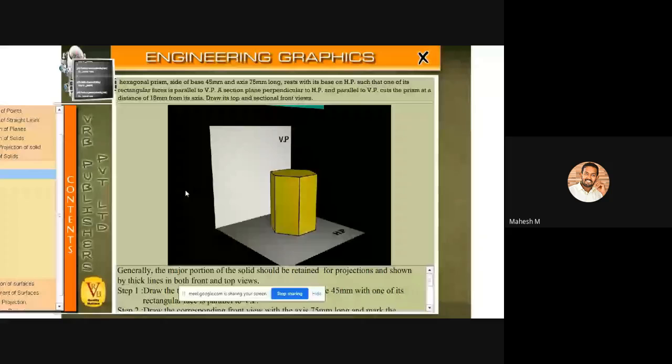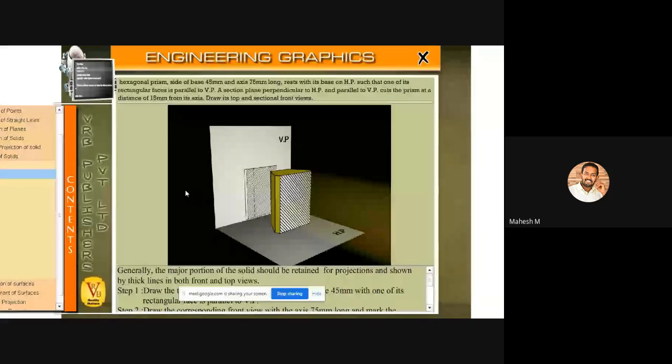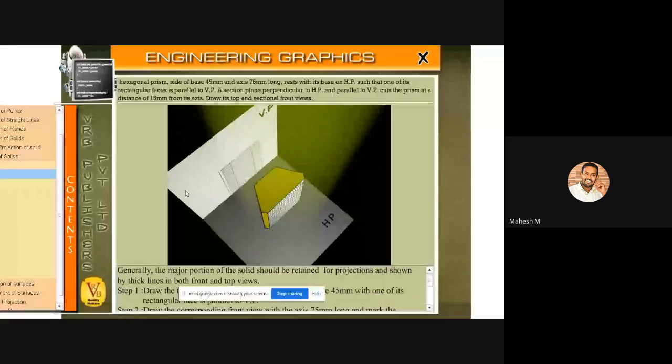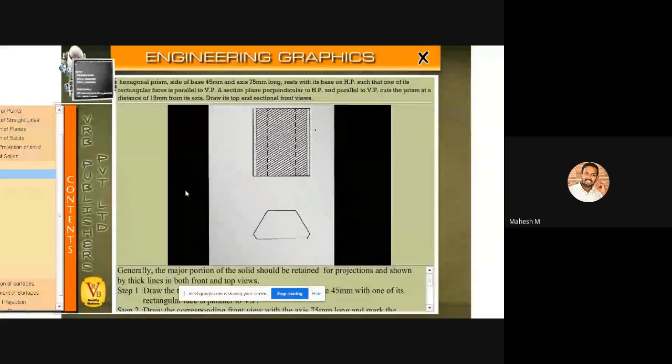This one is the sectional cutting line. I'm going to remove the particular solid. After removing that, you can have the front view in the vertical plane and the top view in the horizontal plane. After rotating the horizontal plane 90 degrees clockwise, you can see this.